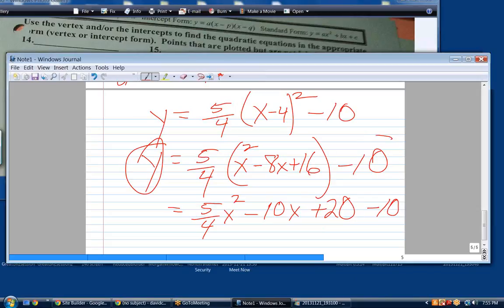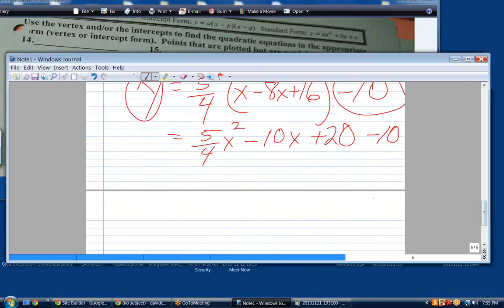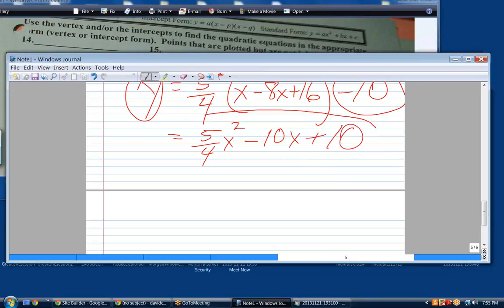We can't forget the minus 10. Okay. And simplify that. In other words, putting those two together is all you need to do. So that's plus 10. Okay. That's standard form. So it's really just a bunch of distributing to get it in the standard form. Absolutely.